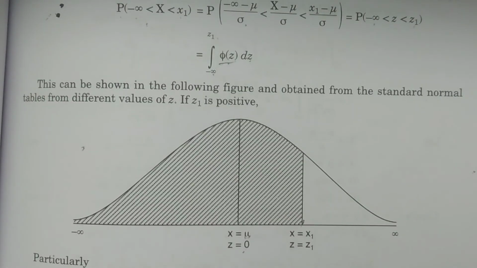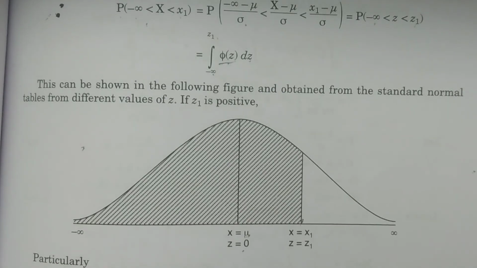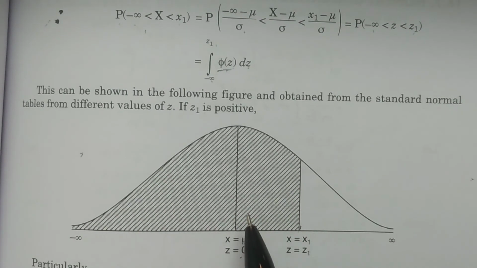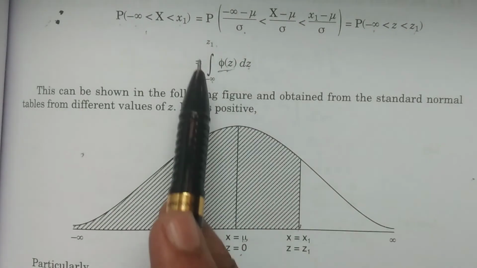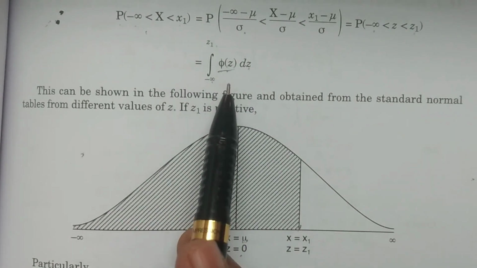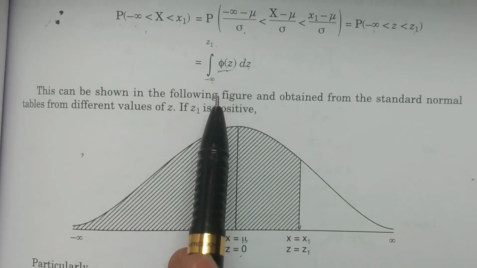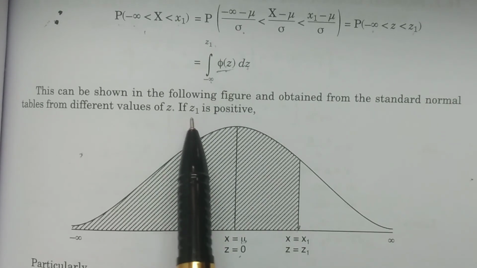So that is what asymptotic to the x-axis. That is what points of inflection are going to be. Every property is going to be used here, right? So this is the areas property of the normal distribution. For different values of z, these are all tabulated so that we can obtain from the tables the value of this particular probability.